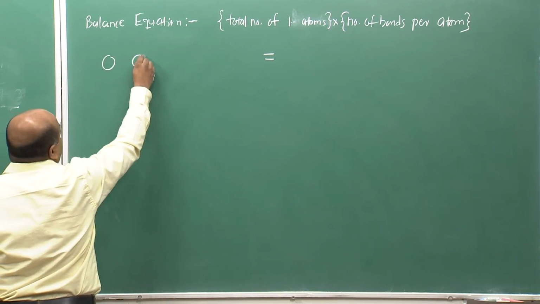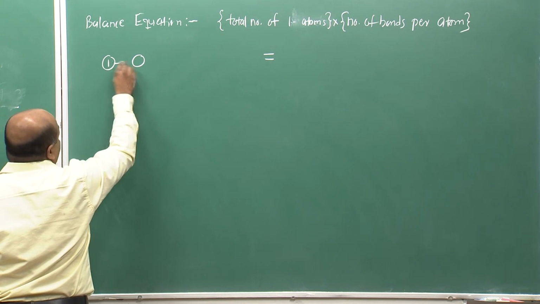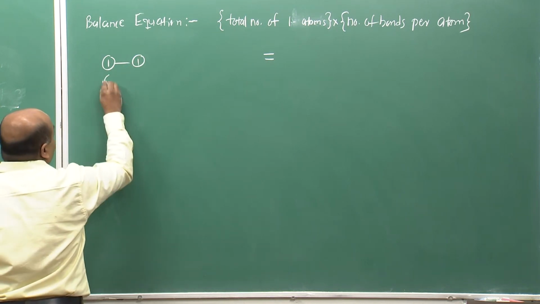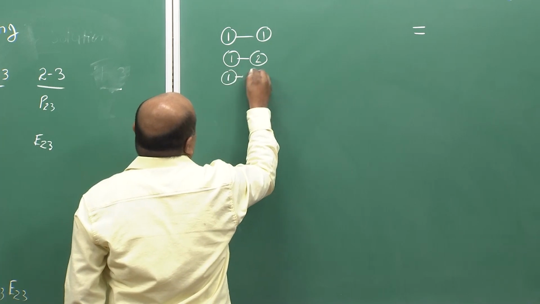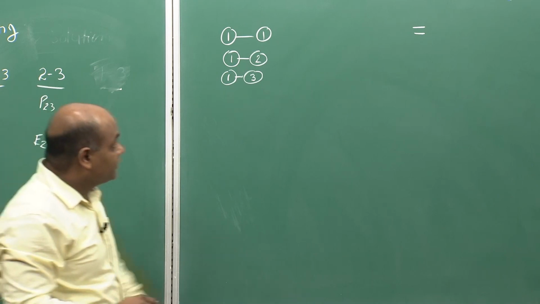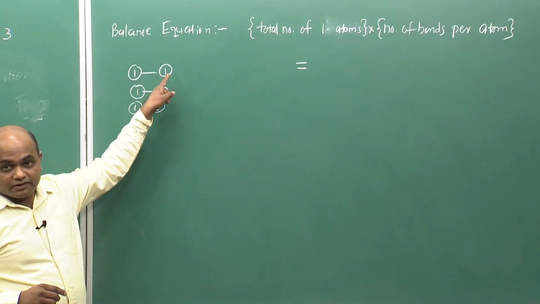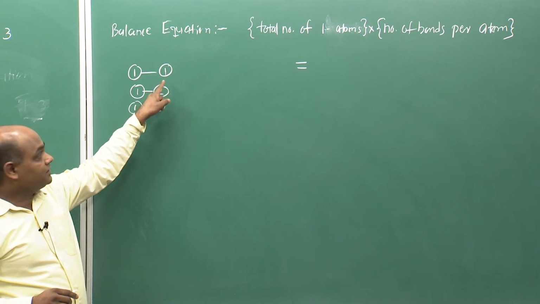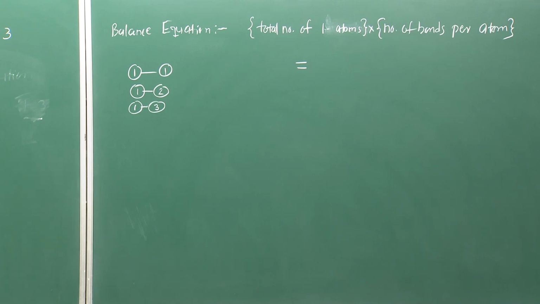So, how many types of bonds will atoms of type 1 be involved in? They will be either 1-1 or 1-2 or 1-3, right. So, if we do this for the 1-1 type of bond, then essentially we are counting it twice, right.